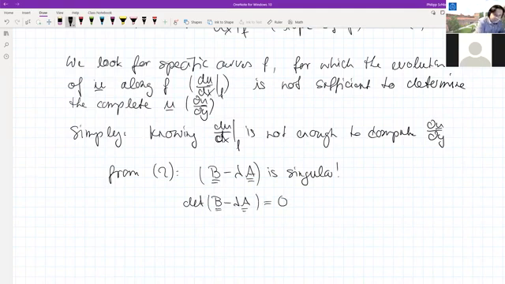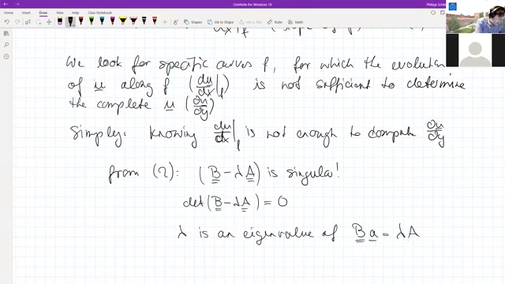Or, maybe the easiest way to understand it, lambda is an eigenvalue of the generalized eigenvalue problem B a = lambda A a, where lambda is the eigenvalue and a would be the eigenvectors. Do you get the point here with this geometrical interpretation of going from one derivative to the other?